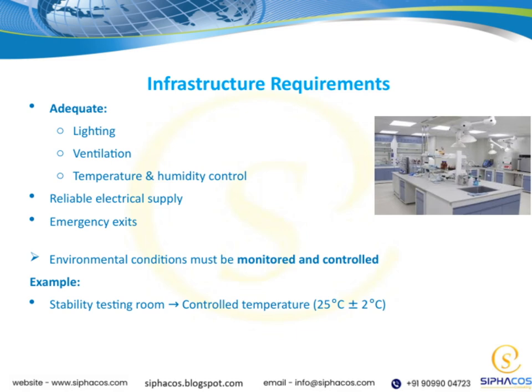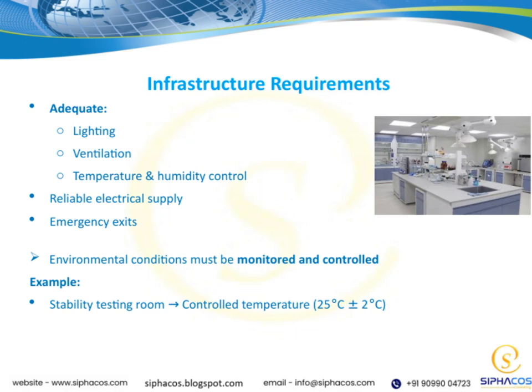Temperature and humidity control are key, especially in areas like stability testing rooms, where maintaining a stable temperature, such as 25 degrees C with a tolerance of plus or minus 2 degrees C, is vital for reliable results. A reliable electrical supply cannot be overstated, as any interruptions could compromise operations or data integrity. Emergency exits must be clearly marked and accessible, ensuring safety in case of unforeseen incidents.